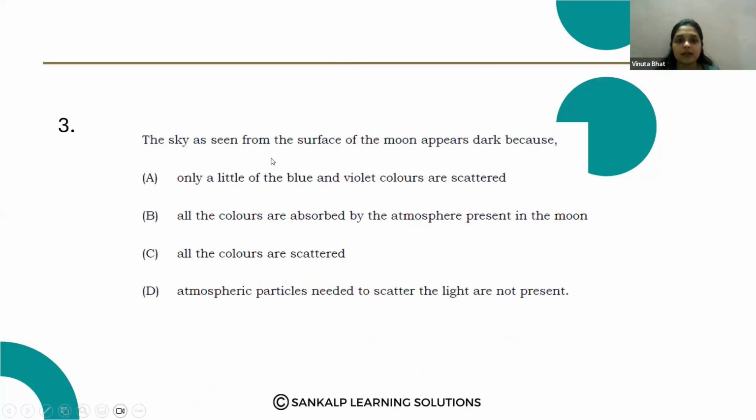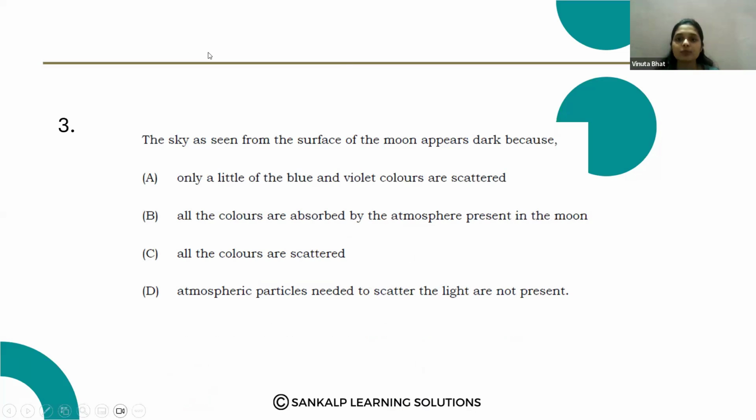Next question. The sky as seen from the surface of the moon appears dark because only a little of the blue and violet colors are scattered. All the colors are absorbed by the atmosphere present on the moon. All the colors are scattered, and option D, atmospheric particles needed to scatter the light are not present.